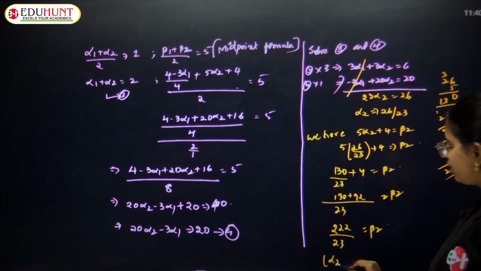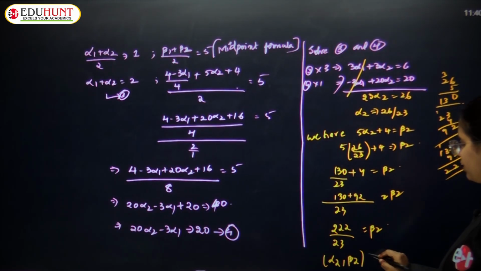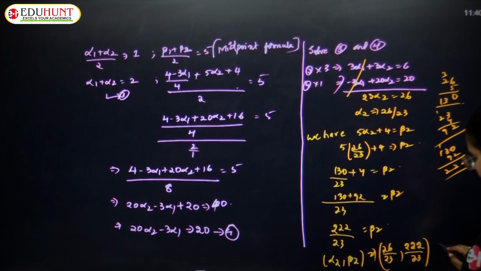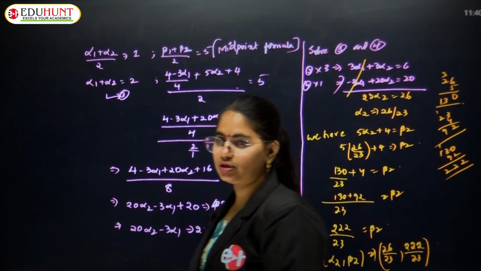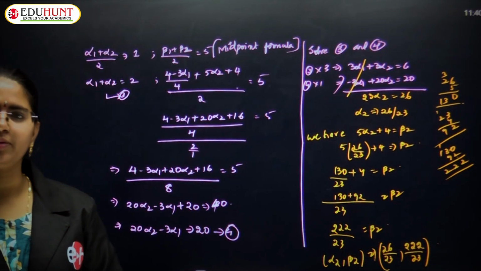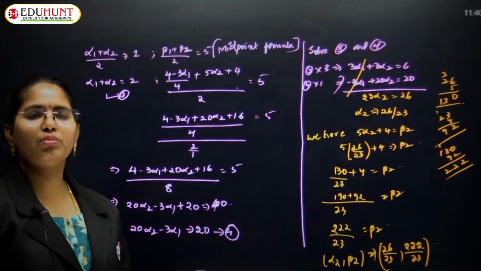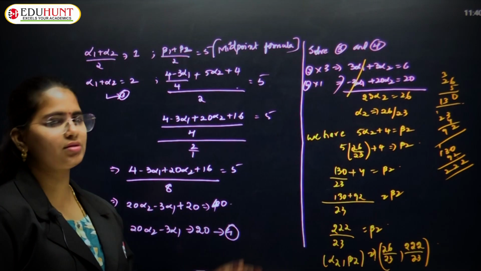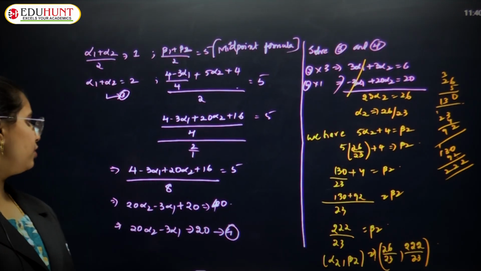So what are the coordinates of alpha 2, beta 2 here? Alpha 2 value is 26 upon 23 and beta 2 is 222 upon 23. Observe up to this. This is quite a lengthy problem, but a normal simplification problem. I have done nothing special; this is simply the elimination method.